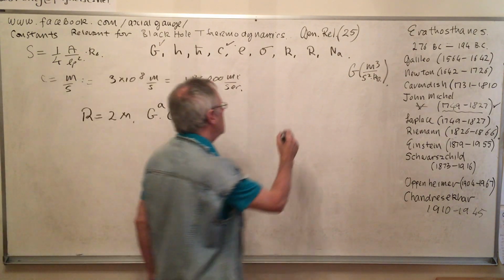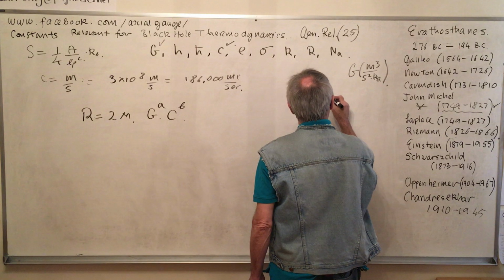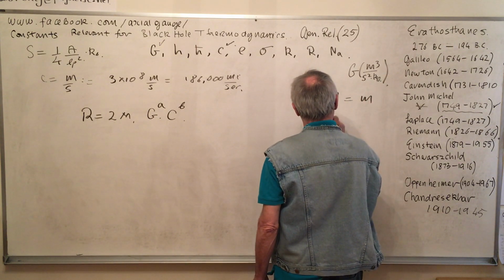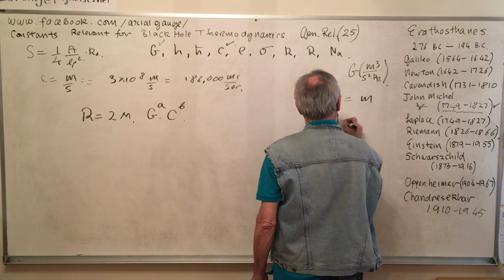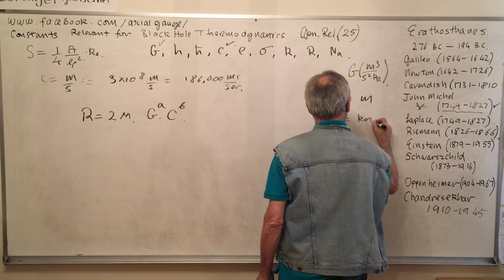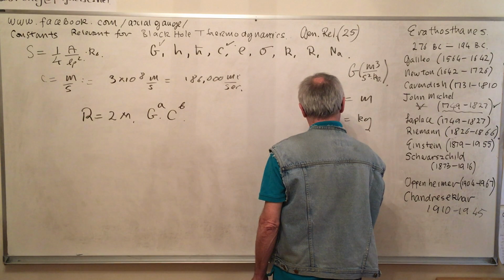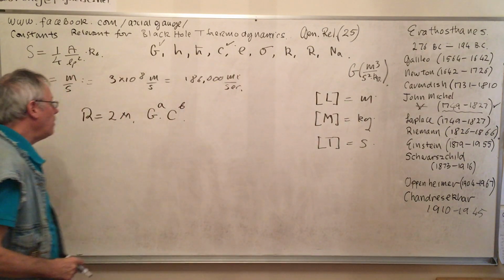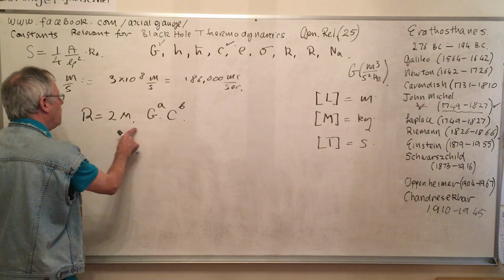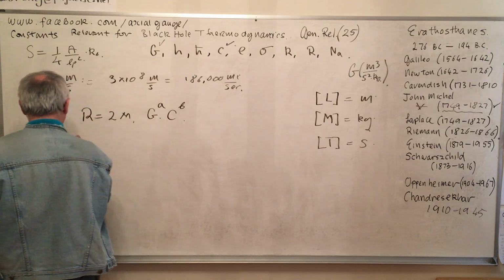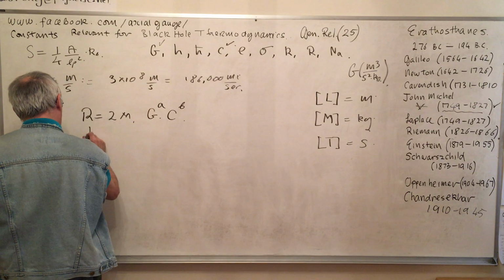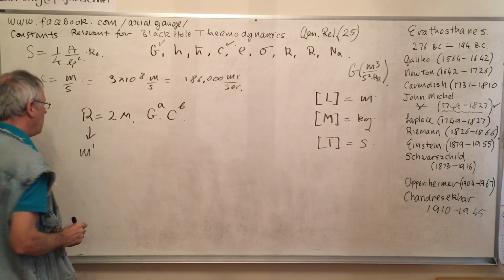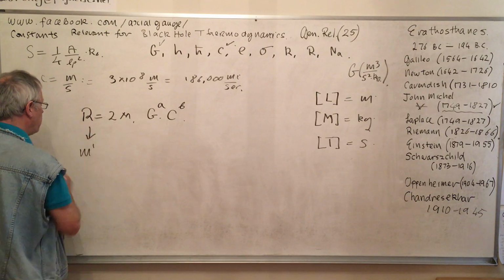Now I don't use this kind of thing. I just use seconds, kilograms and meters. We want to find out what is the form of the m here. Well, r is meters to the power of 1. We have meters on the left-hand side.